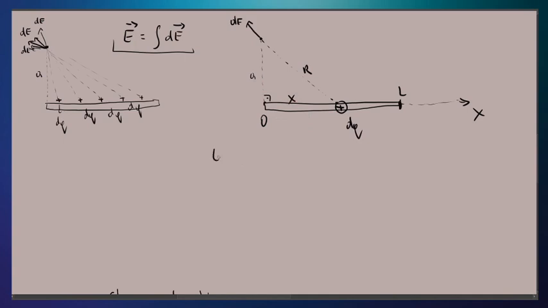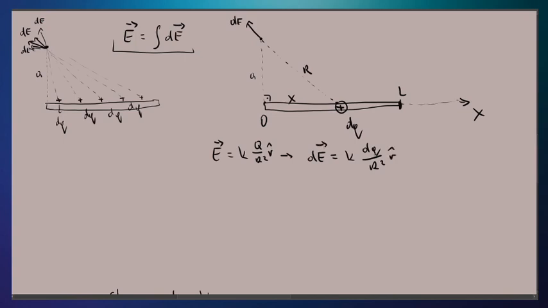So if the equation for the electric field normally is kq over r squared, then now the equation for dE is going to be k dq over r squared. But there's a directional component to it.